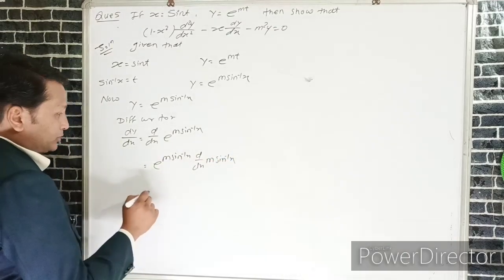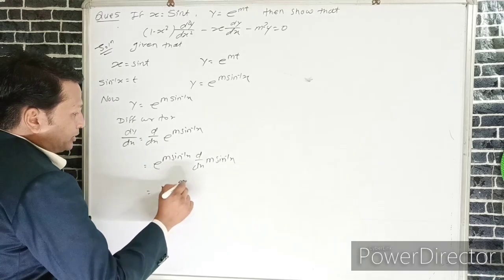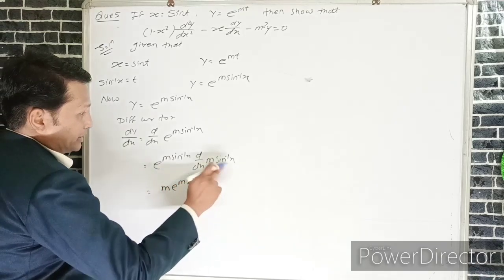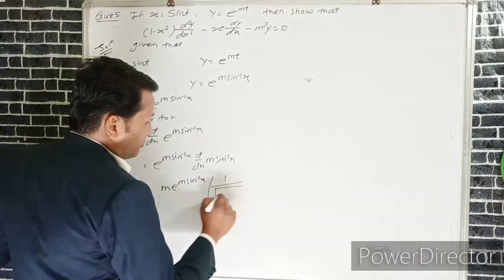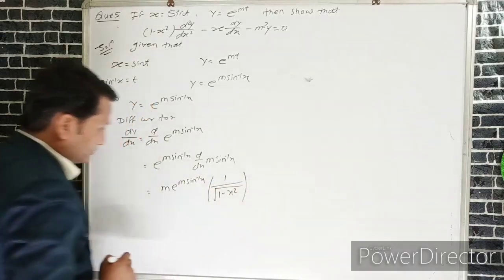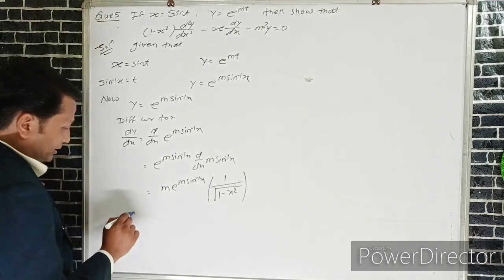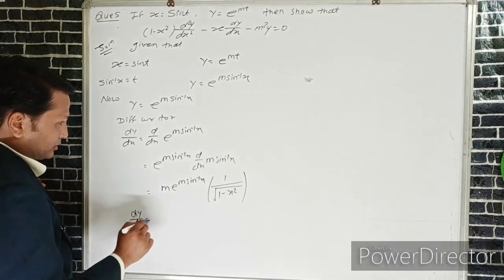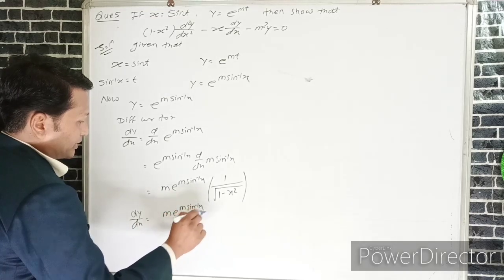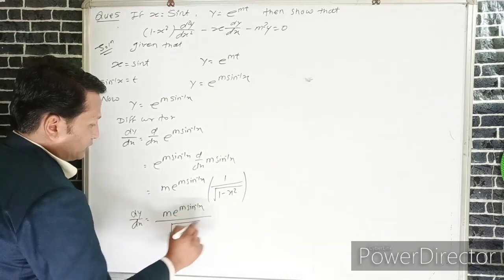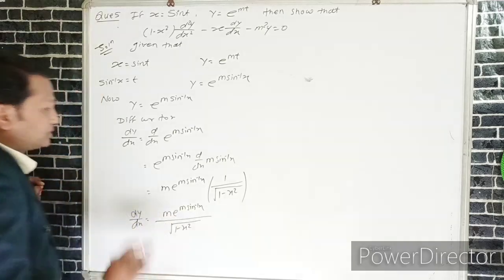Here m is constant, so m into e to the power m sin inverse x, and the derivative of sin inverse x is 1 upon under root of 1 minus x square. Hence we can write dy upon dx is equal to m e to the power m sin inverse x upon under root of 1 minus x square.